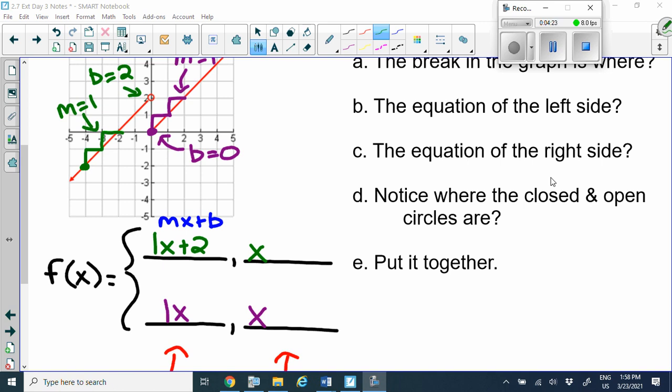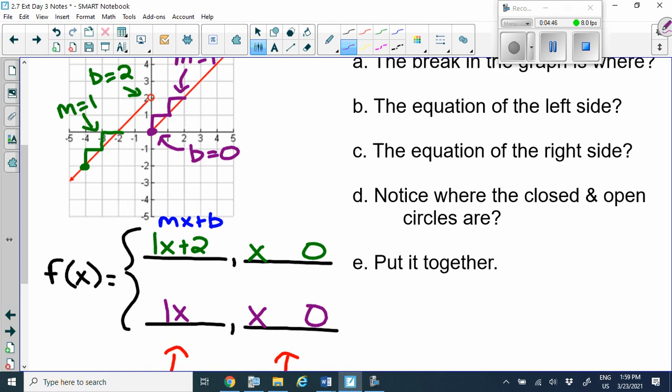That means they have a common x value. So we look at our closed, which I have in as purple, and our open circle, the x value they have in common is 0. So we're going to go ahead and use that number for our inequality or restriction.